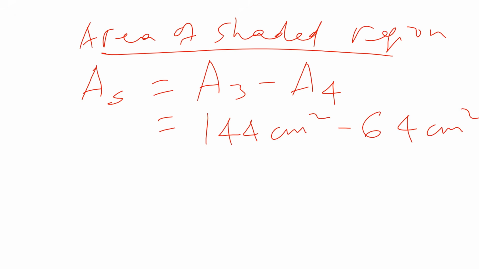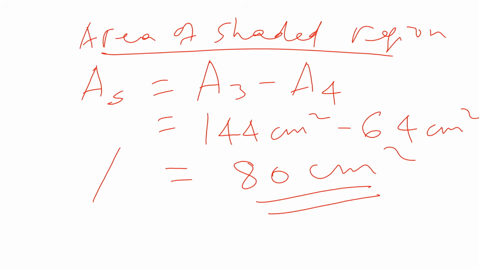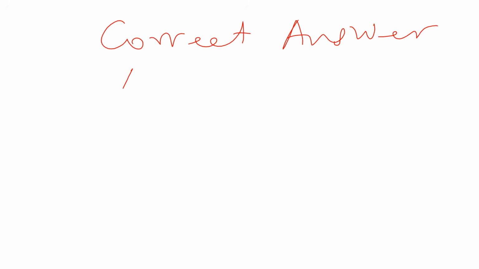Taking the difference, we get 80 centimeter square. So this is the area of the L-shaped shaded region. Finally, from the given alternatives, the correct answer is A, which is 80 centimeter square.